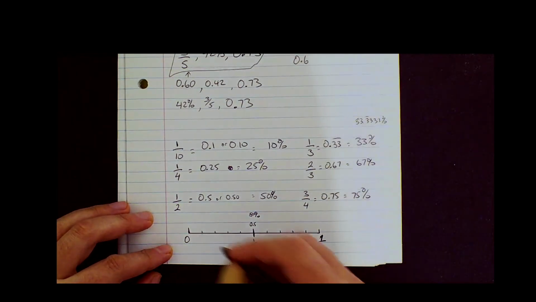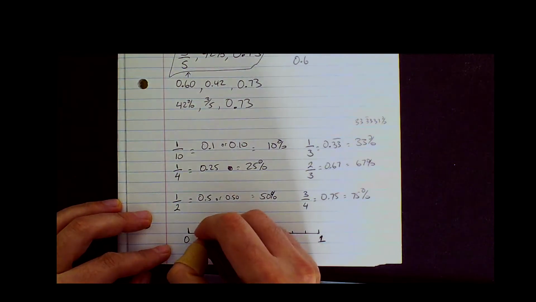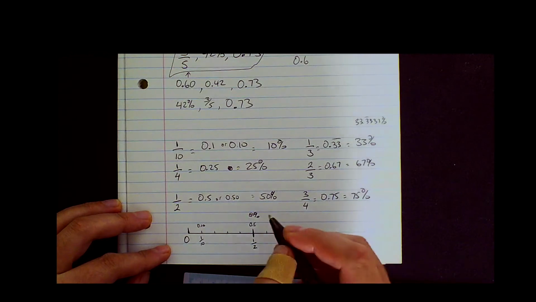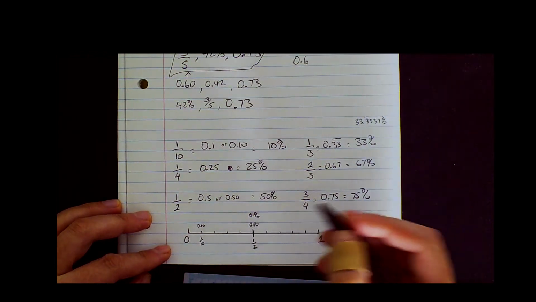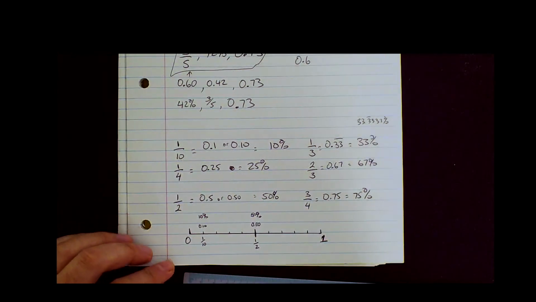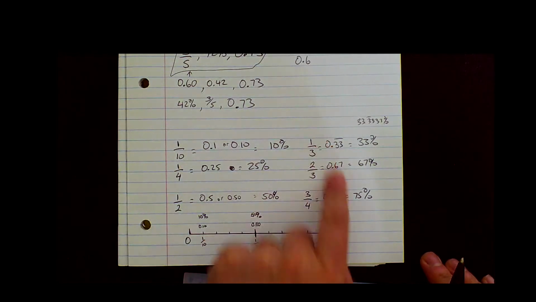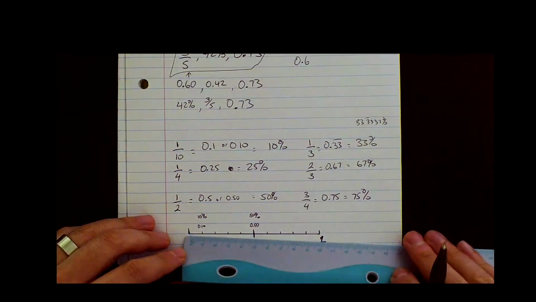Okay. This number here is 1/10, which is 0.10 or 0.1. It's the same thing. I know I keep repeating myself, but it's the truth. And it's 10%. So I'm going to mark these decimals as well. Now 1/3 is going to be a little tricky.